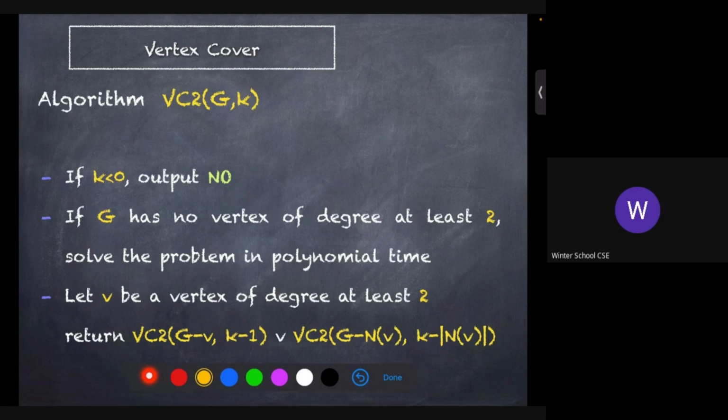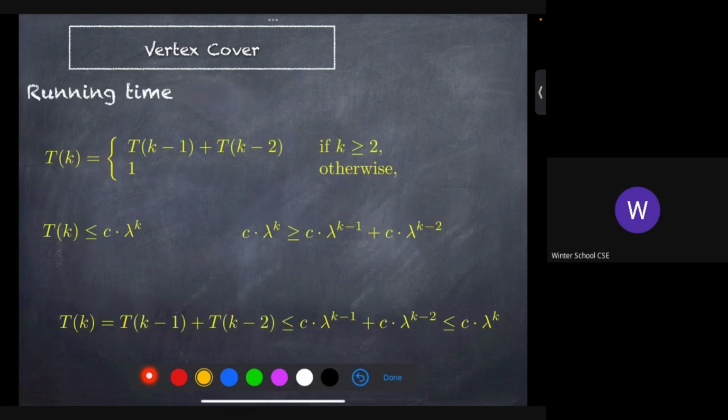Okay, what is the running time of this algorithm? So here, if I estimate the exponential part of the algorithm as T of k, then in one branch I reduce the parameter by 1, and in the other part I decrease the parameter by at least 2.